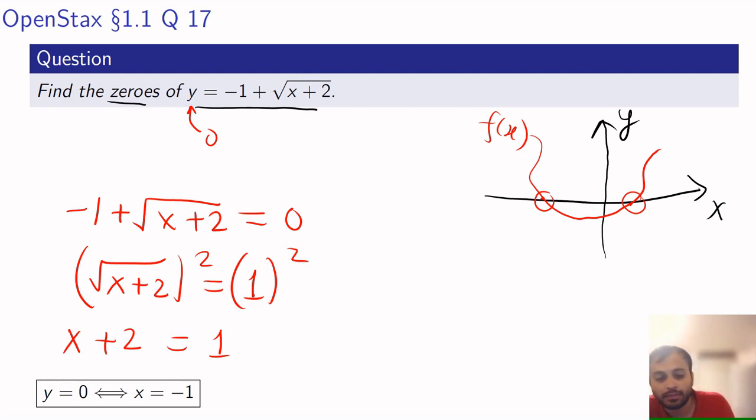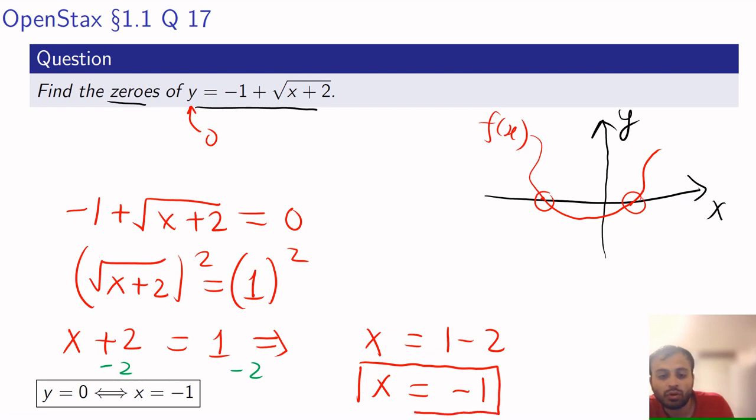And then if I subtract 2 from both sides, minus 2 from here and minus 2 from here, then the equation is x equals 1 minus 2, which means x equals minus 1. So this is the zero of the function, or sometimes we call it the solution of this particular equation.